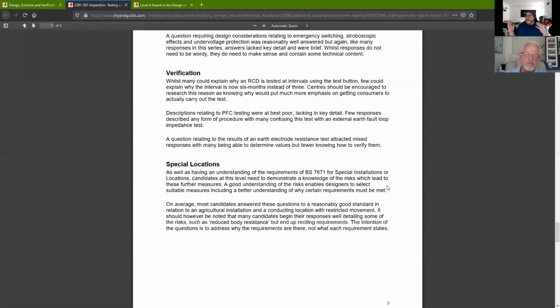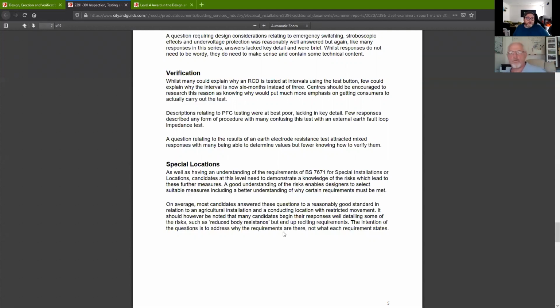This is where I get to that area of going, when I'm asked for a code, I ask for a lot more information, because you must know the why before you start stating things. It's the same here. You need to explain why special locations are special locations. You need to be able to actually describe the level of risk, and then you can select with it. You don't go, it's IP44 because it says so in the regs. You go, because of the risk of this.